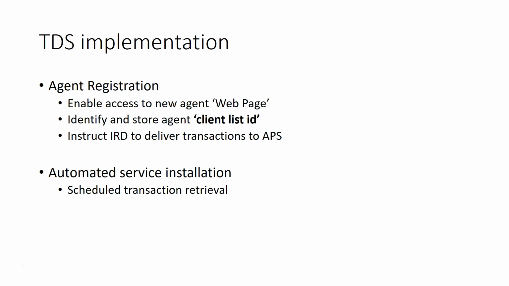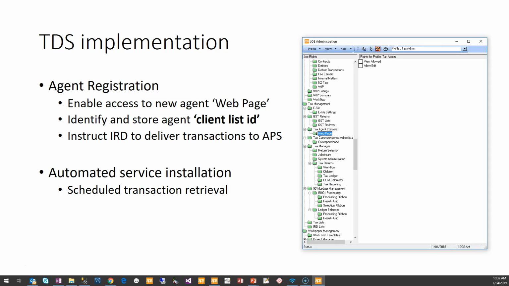Access to this page would typically be restricted to your tax administrator. In Jobs Admin, choose the user or profile, and then from the Jobs Rights tree list, locate the Web Page node within the Tax Management section of the tree. Double-click the View Allowed and View and Allow Edit options to enable access to this page.